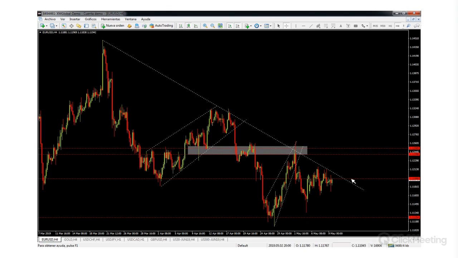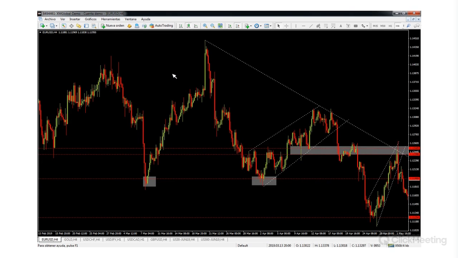And not only that, but we were at a zone that was historically a zone where high volume had been traded.